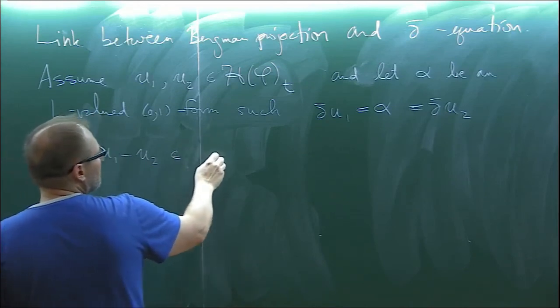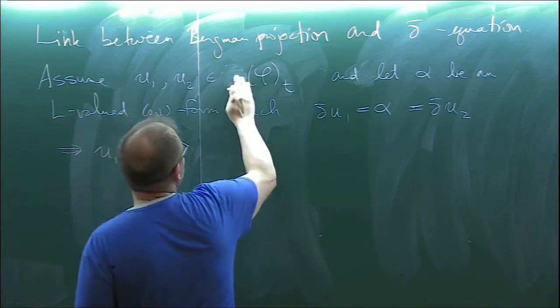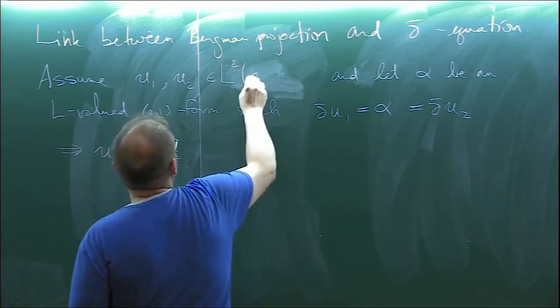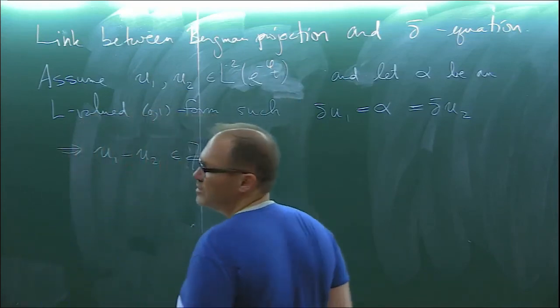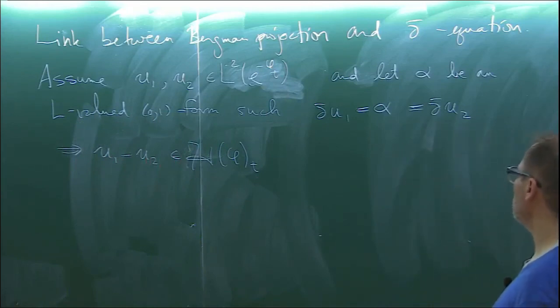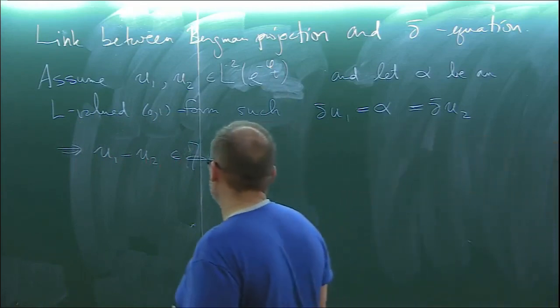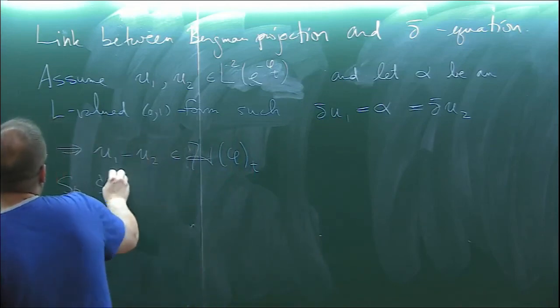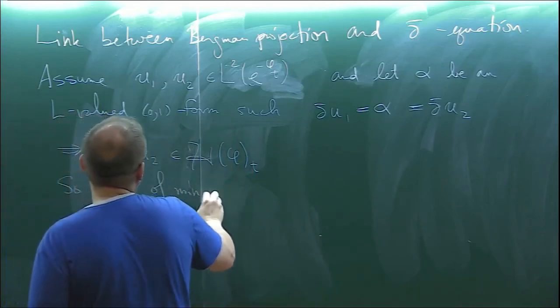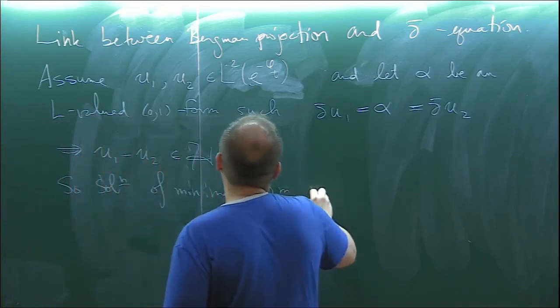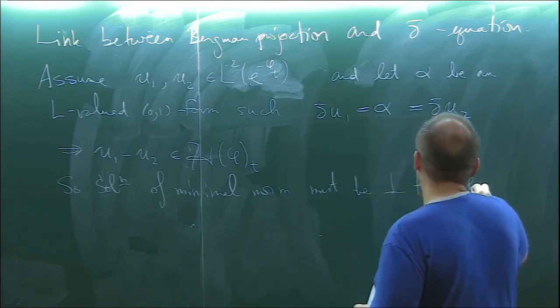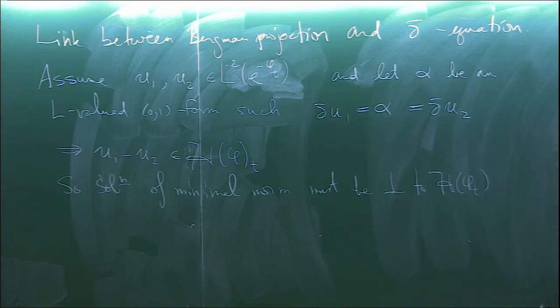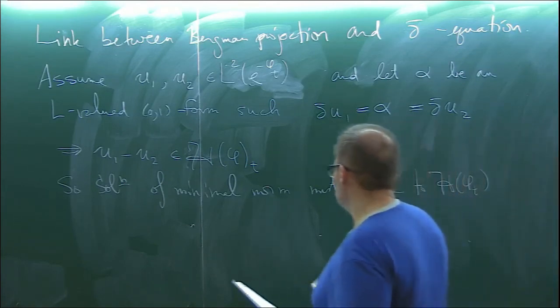So it's, oops, my bad here, L2 e to the minus phi t, and this is in H phi t. The difference is in H phi t. So in particular, the solution of minimal norm must be orthogonal to H phi t. Okay? Let's give this guy a name.